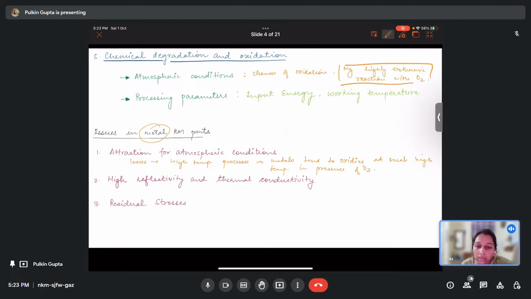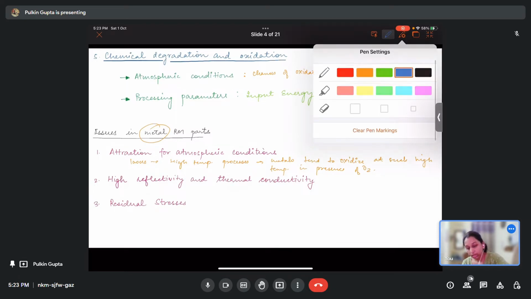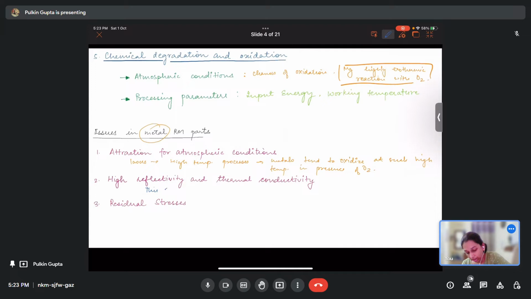Now, high reflectivity and thermal conductivity. So, all metals are associated with high thermal conductivity. This hampers the absorption of laser energy, which in turn hampers the formation of melt pools. Because the higher the thermal conductivity, the higher the amount of heat that will be conducted away, and the higher the reflectivity, the higher the amount of heat that is reflected away from the powder.